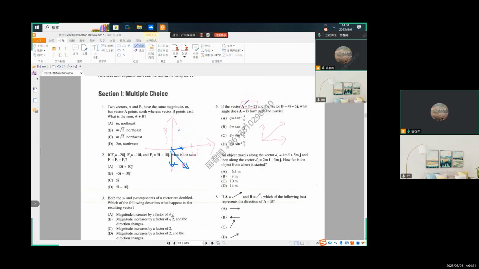In the same way, I can also have 4i minus 5j. Instead of using the traditional triangle law, I can add them horizontally and add them vertically, and then use the triangle law.